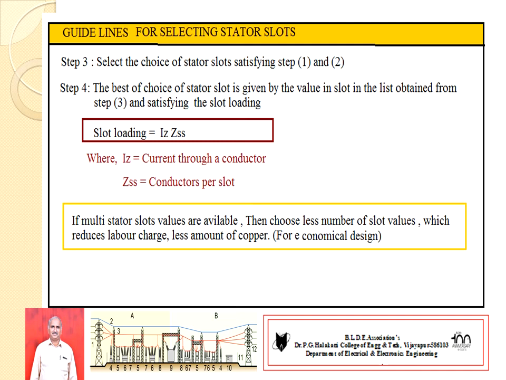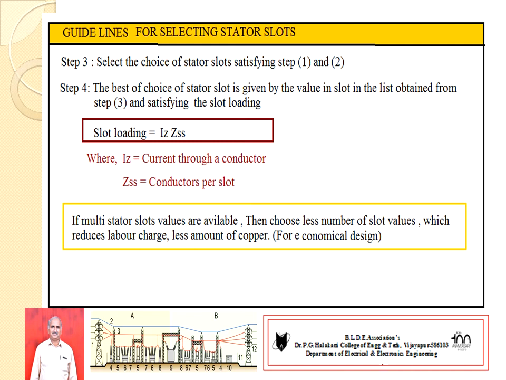If 2 possibilities are available, that means 2 values of stator slots are satisfying up to step number 4, then what is your final judgment? That means we have to select the lower number of stator slots for economical design.